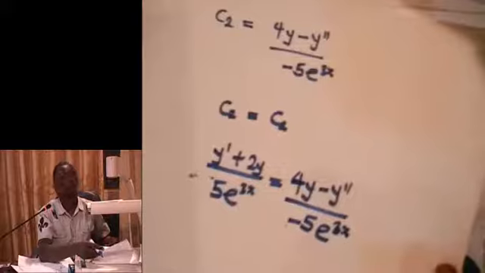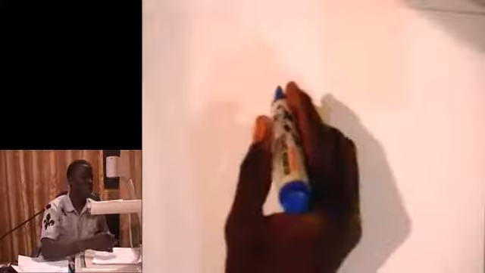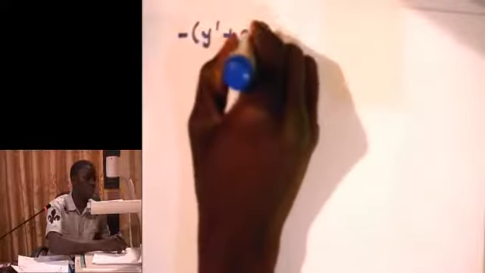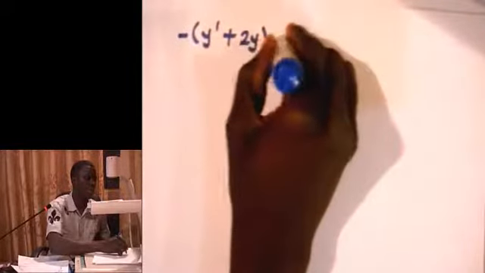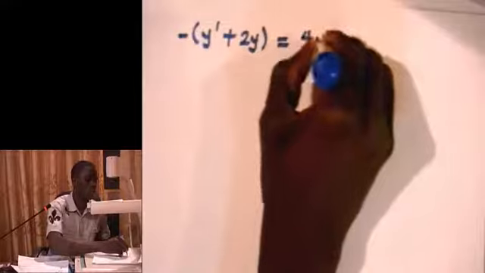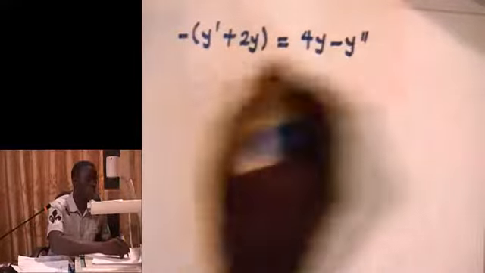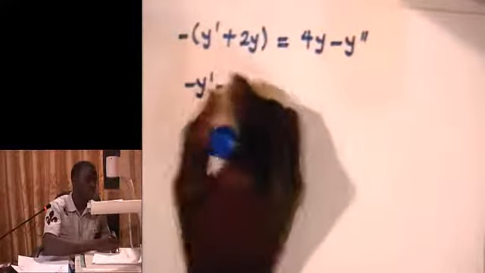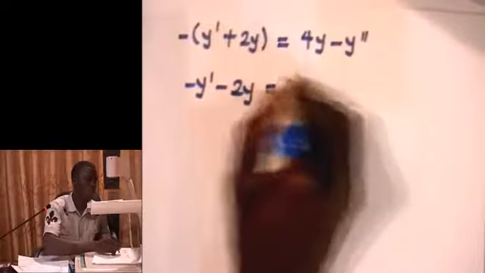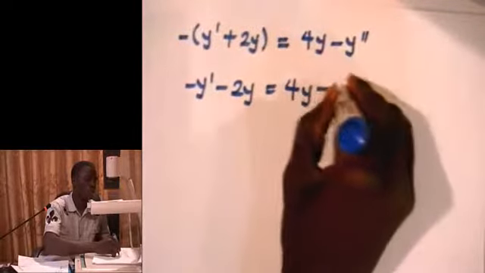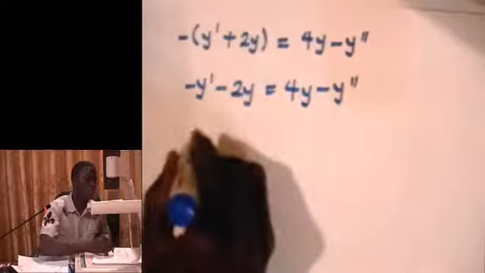Let's do a simple simplification. We have minus 1 times (y' plus 2y) equals 4y minus y''. Minus y' minus 2y equals 4y minus y''.